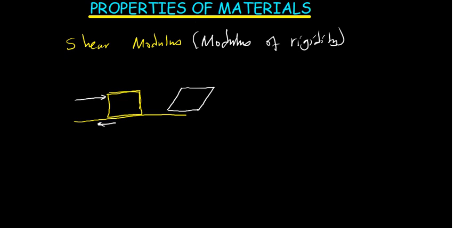If this is the actual length here, there will be a change in length. Of course, this is also the actual length in this direction. So considering from where it was at the very beginning, there is a change in length here. I'm using x, I could have also used L. So that is the change in length that we have, and we have an angle theta here.